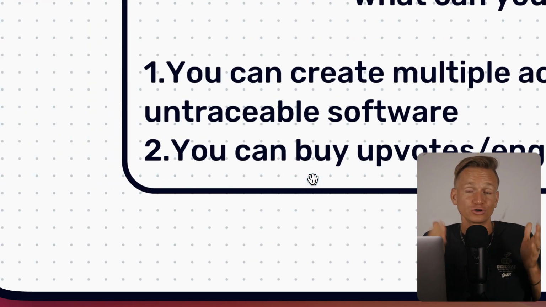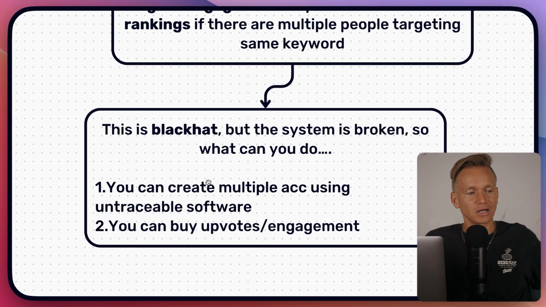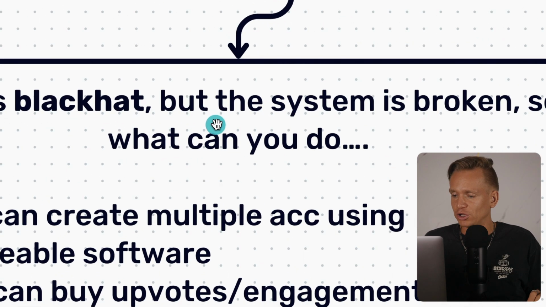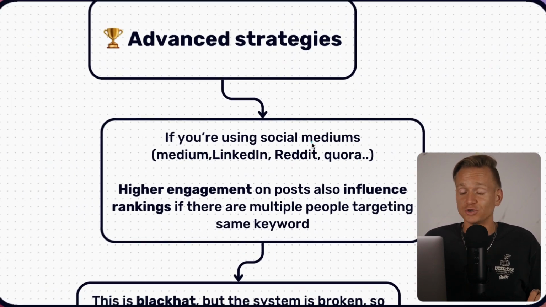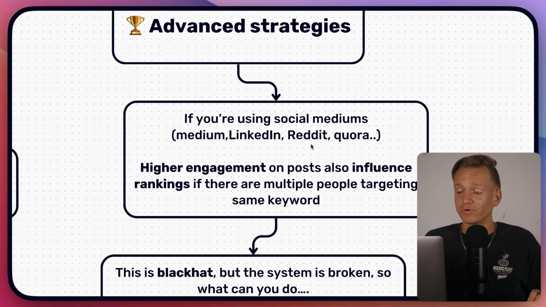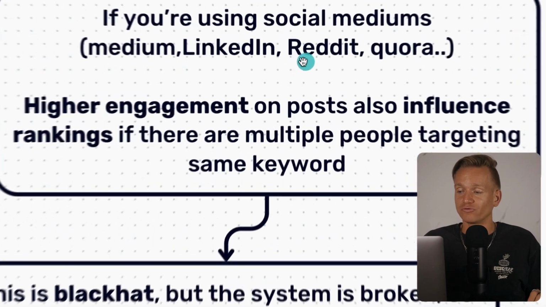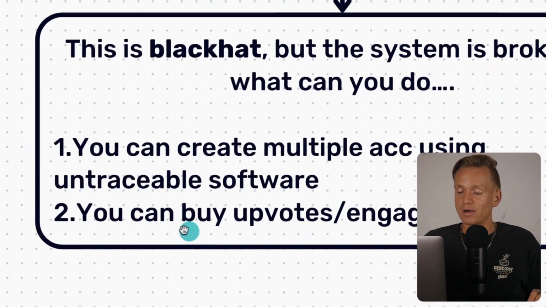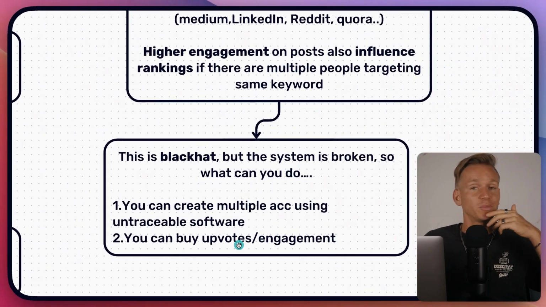There are certain websites for this, and if you want, check out the description. I will leave an SOP document explaining the Reddit strategy, and let me know if you want me to make a video about it. As I said, on Reddit, if you put in some keywords and go on Google, you will see that a lot of Reddit content is ranking. There are websites where you can post an article on Reddit and buy a bunch of upvotes and engagement, and then that article is going to rank above anyone else.